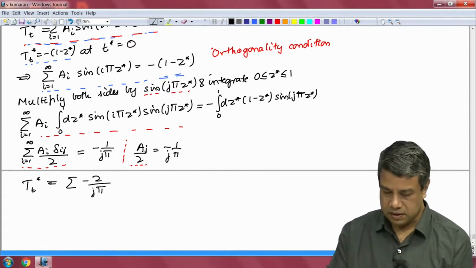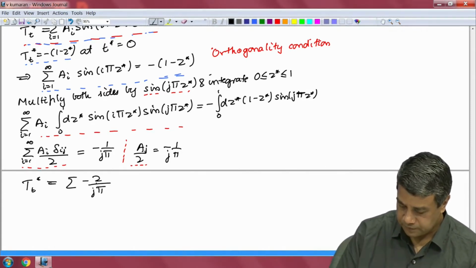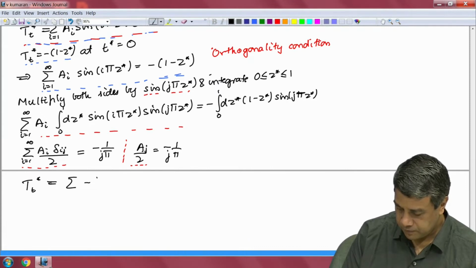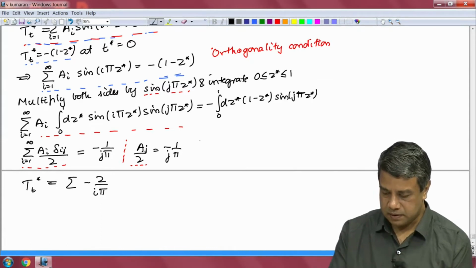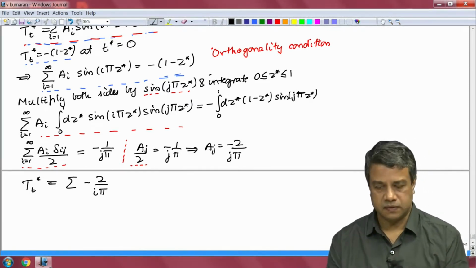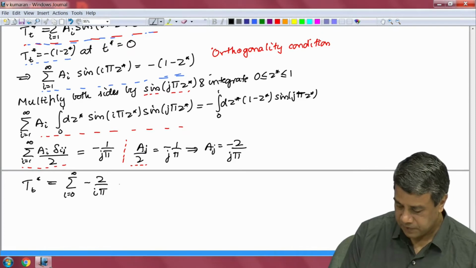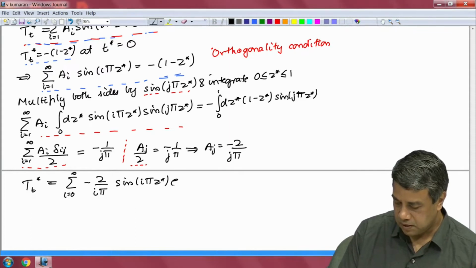Okay. aj, in this expansion, this will imply that, just solving for a, minus 2 over i pi, i equal to 0 to infinity, sine of i pi z e power minus i pi the whole square times t.